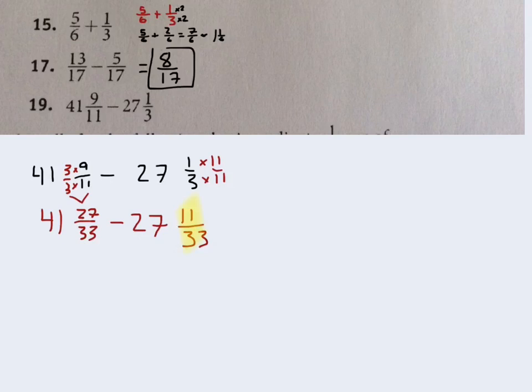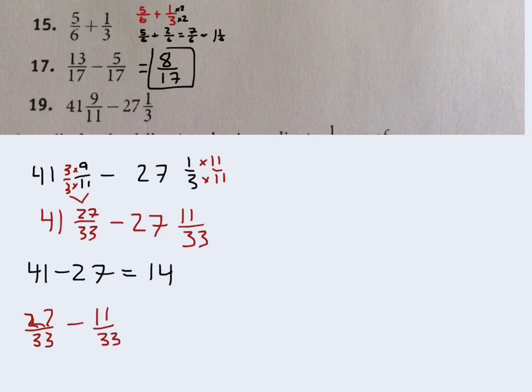This is in an old video on how to subtract mixed numbers, so if you're having trouble, look at that. So we can split this up if that's smaller. We can do the numbers, 41 minus 27 equals 14, and then you're going to write the fractions down. So now 27 over 33 minus 11 over 33.